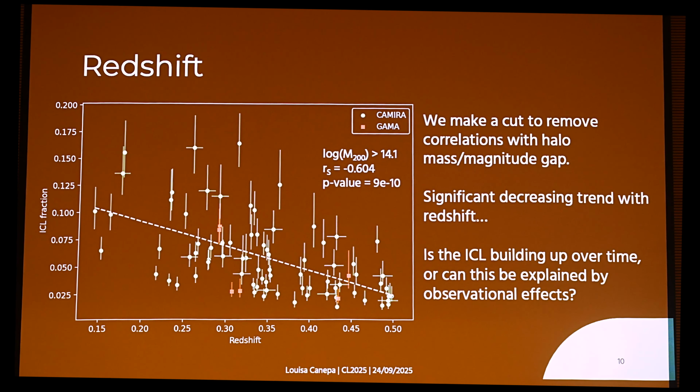So that indicates that clusters at higher redshifts have lower ICL fractions than ones at lower redshifts. Now, the question that we have to ask, because it is redshift, is does this indicate that the ICL is really building up over time, or can we actually explain this effect just through observational effects?